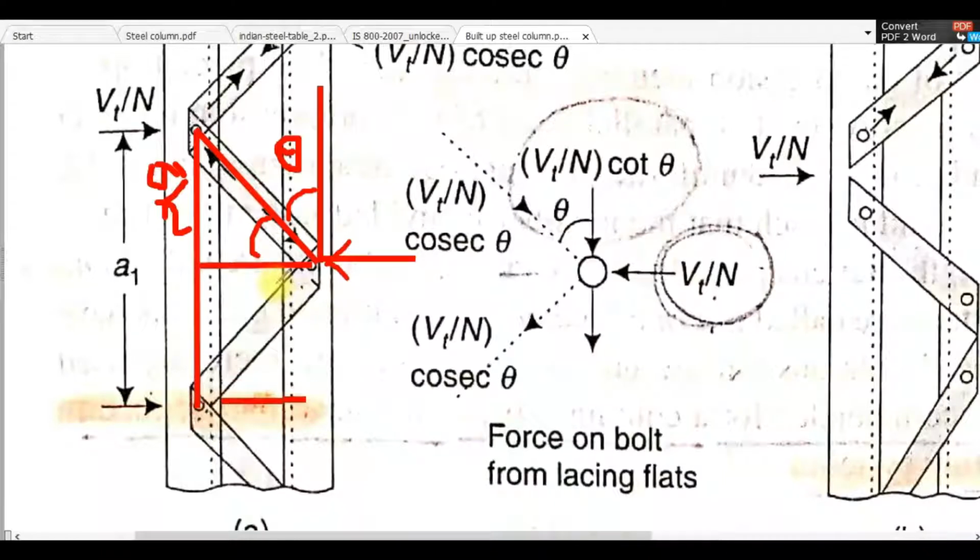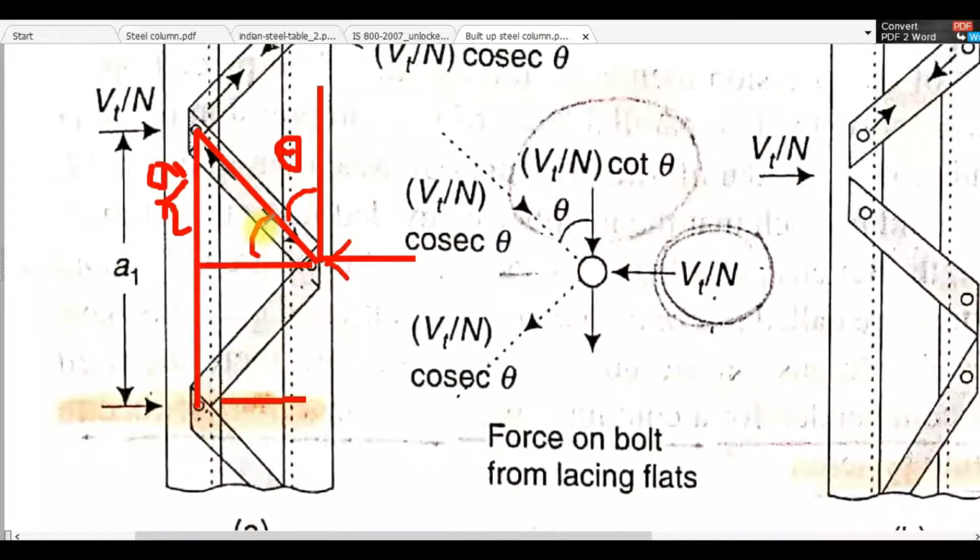So how can we find this a1 by 2? You know the spacing from this point to this point, that is s plus g plus g.